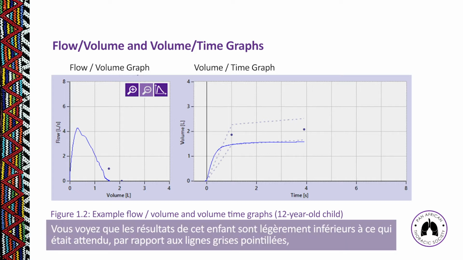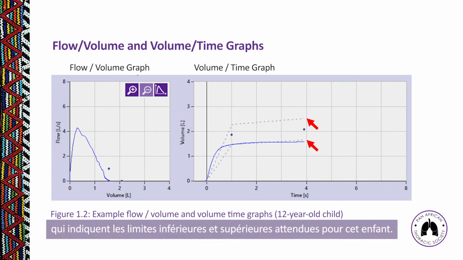You can see that this child has measured slightly less than what is predicted. If you look at the little gray dotted lines, those show you the upper and lower levels of normal for this child. And you can see that the blow on both the flow volume and volume time graphs are round about just towards the lower side of normal, the lower level of normal.